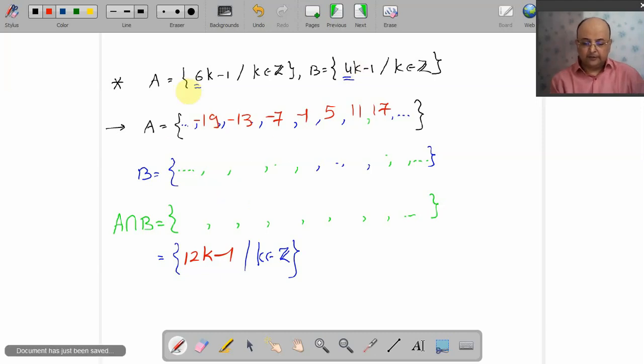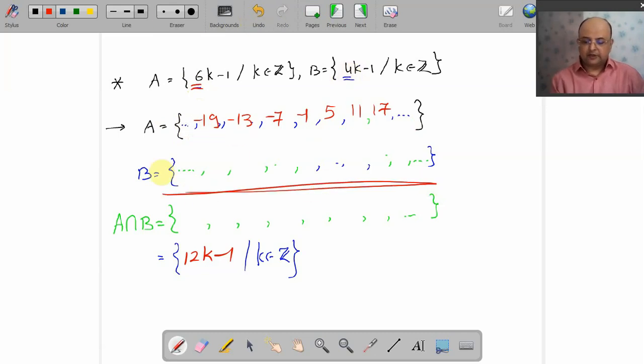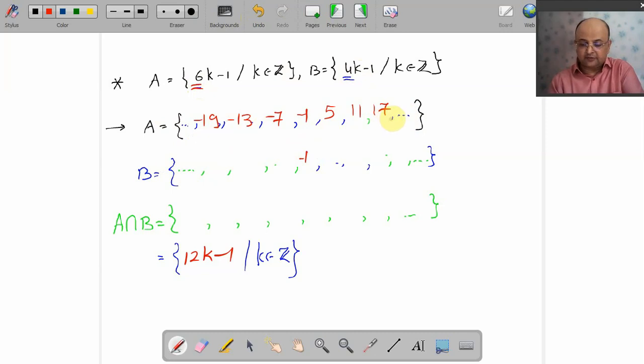Now we go for 6k, so here we have a difference of 6. If you notice, for 4k, you will have a difference of 4. I choose k equals to 0, so it will give me -1. Because of 6 you added 6 left to right, and right to left we subtracted 6. Because of 4 we add 4, so -1 plus 4 is 3, 3 plus 4 is 7, plus 4 is 11.